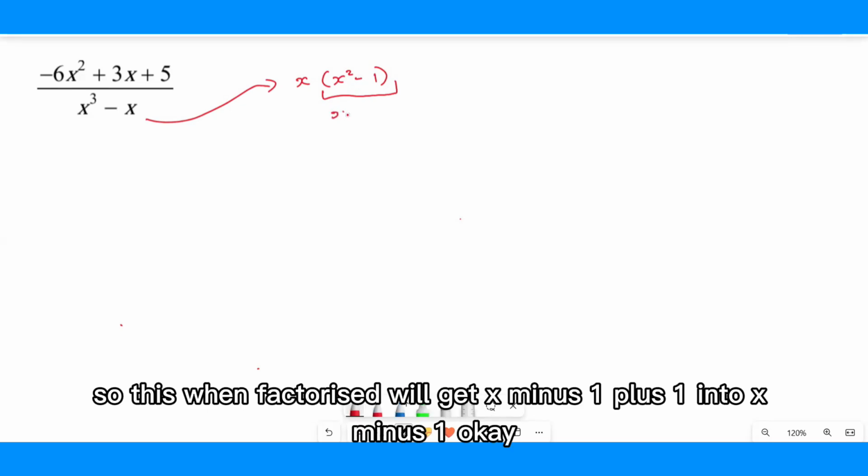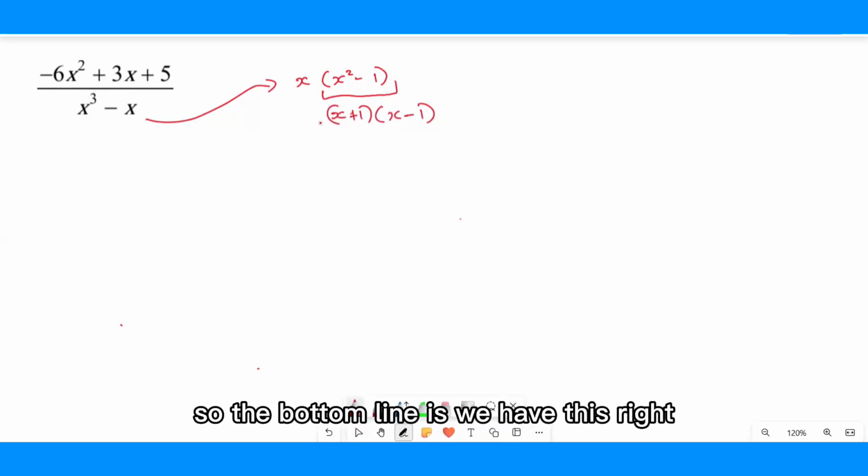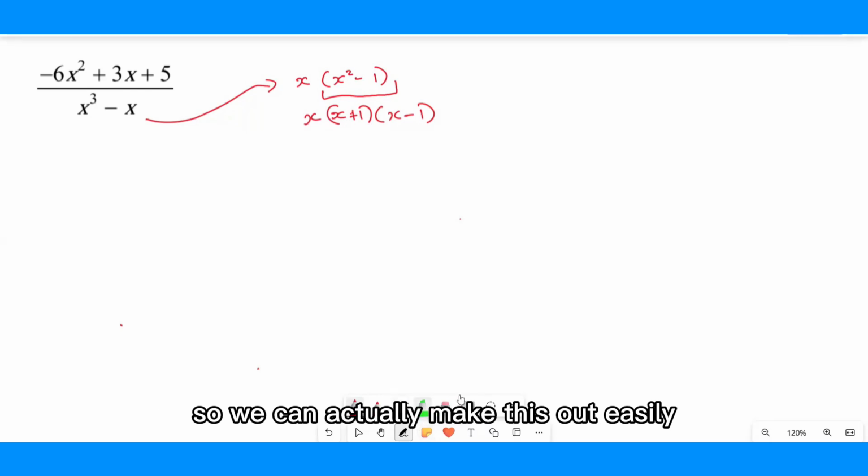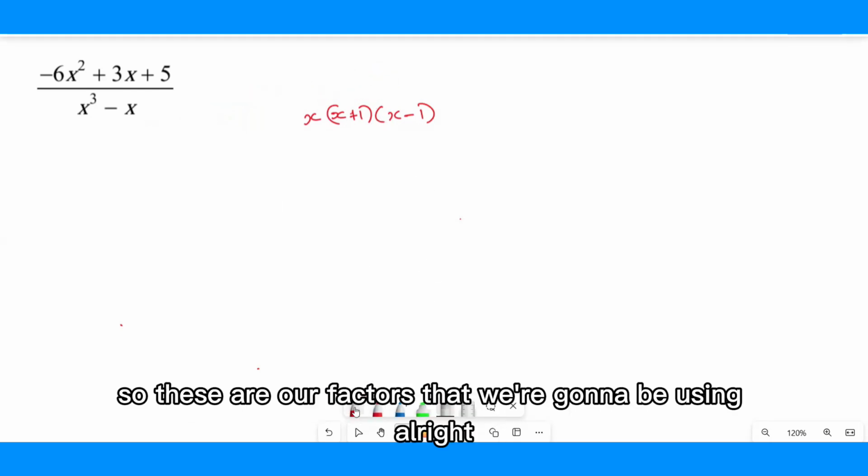So when factorized, we get x plus 1 times x minus 1. So the bottom line is we actually have three linear factors here, so we can make this out easily. These are our factors that we're going to be using.